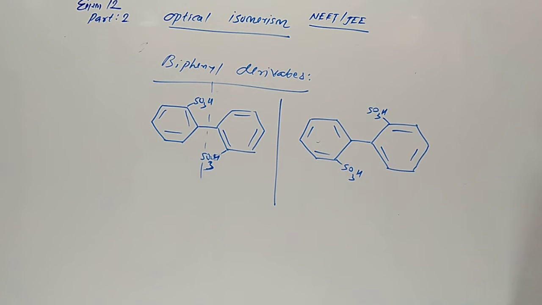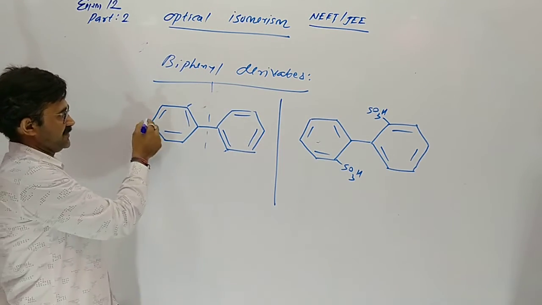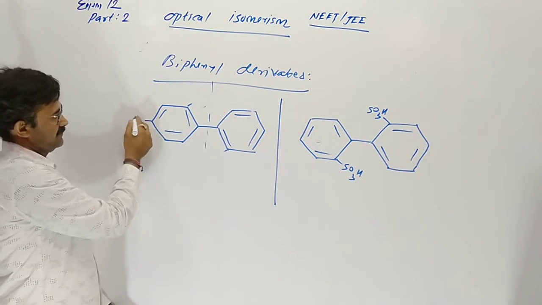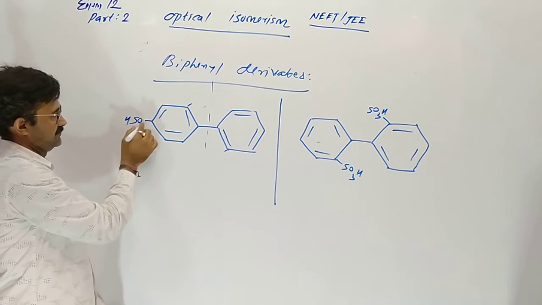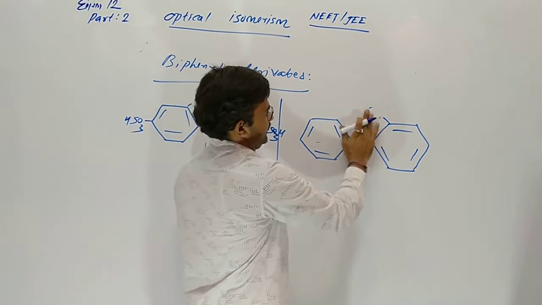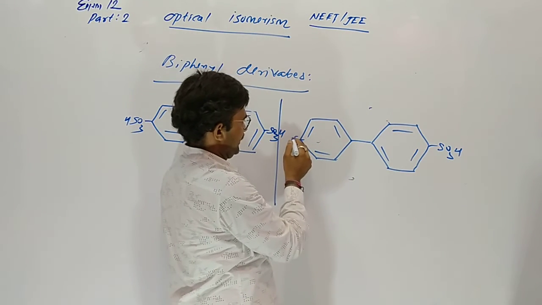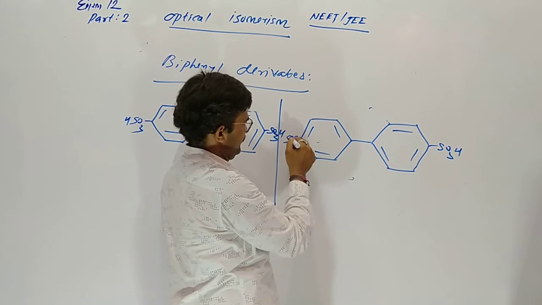Now the last exception is in the spiranes. If SO3H is here, in both cases, so it remains same in the mirror image. Here no carbon is chiral.